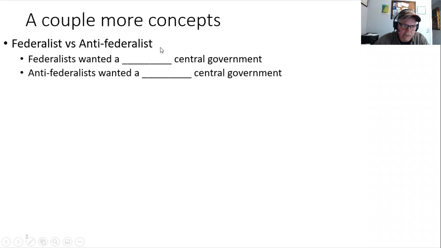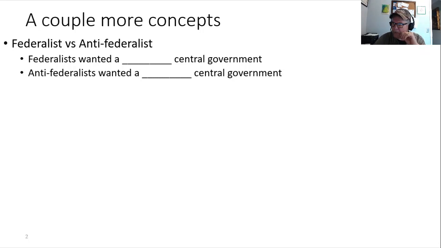Now, not nearly as strong as a monarchy, but still more power in the central government. And part of that comes from the failings of the Articles. Whereas the Anti-Federalists were still more in that confederation idea. Remember, that's a looser affiliation of states, with states having primary power. And again, even when the Constitution starts, the states are more powerful than the central government.